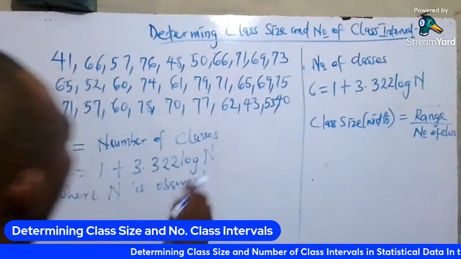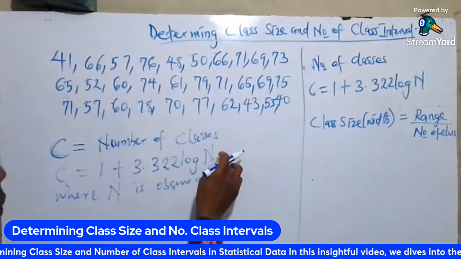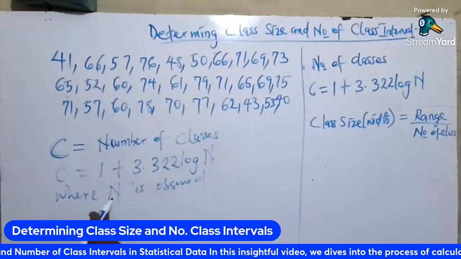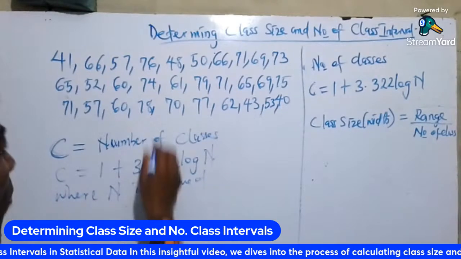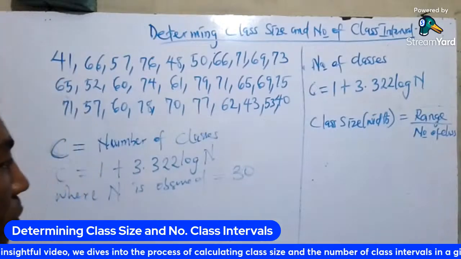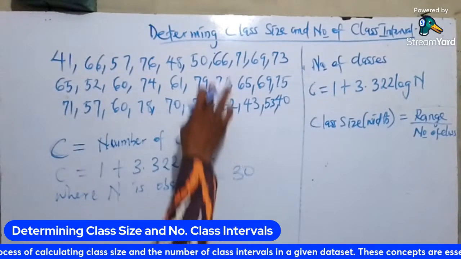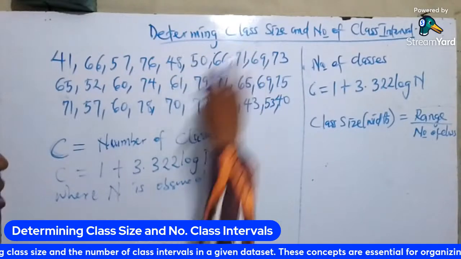So as for this case, the observed data, which is your n, how many is all this data here? They are all 30. So I want to determine the number of classes I'm going to have in this frequency distribution table.